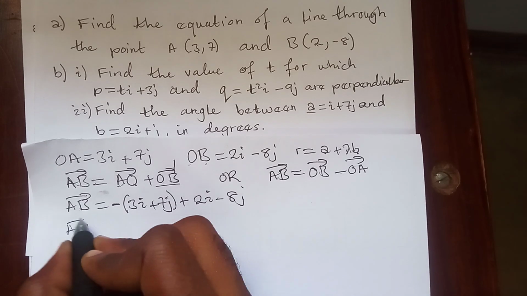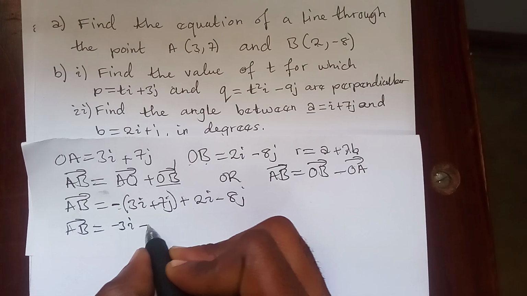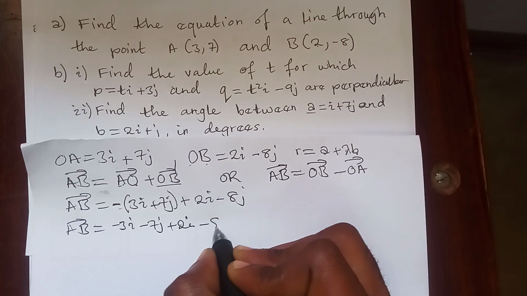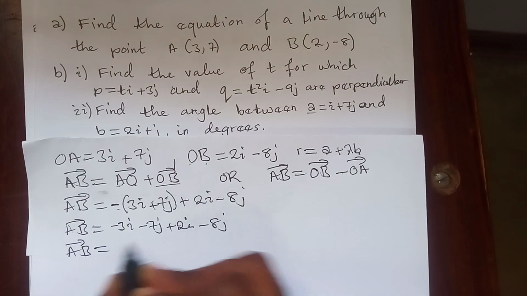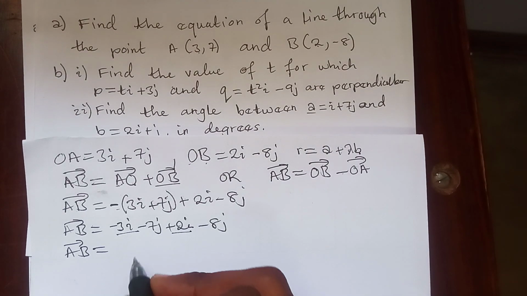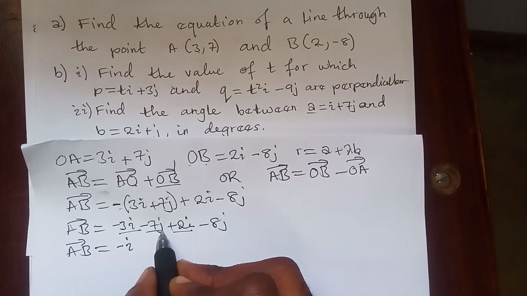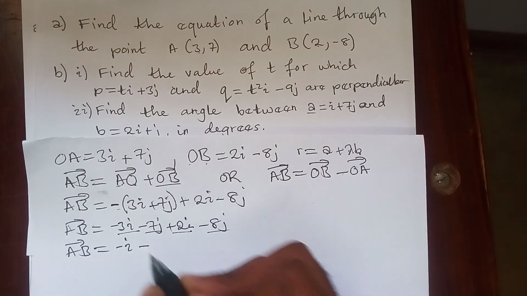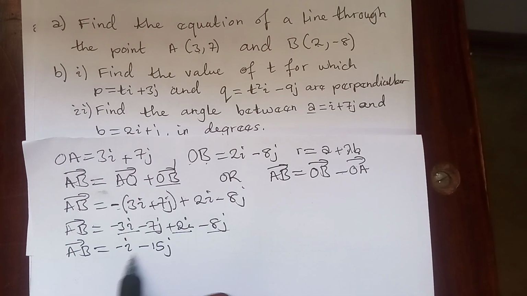So your AB will be negative 3i minus 7j plus 2i minus 8j, and then like terms together, negative 3i plus 2i, this will be negative i, then negative 7j minus 8j, this will be minus 15j. So this will be the direction.